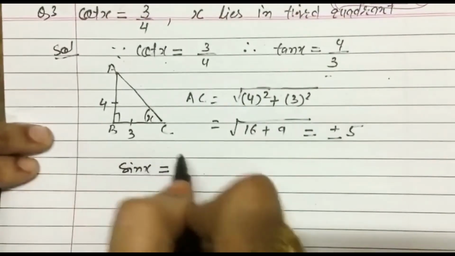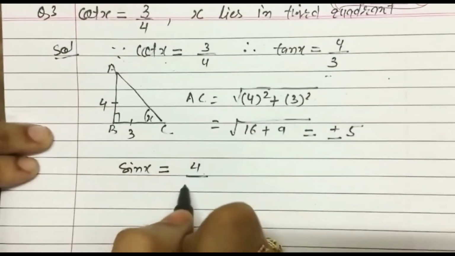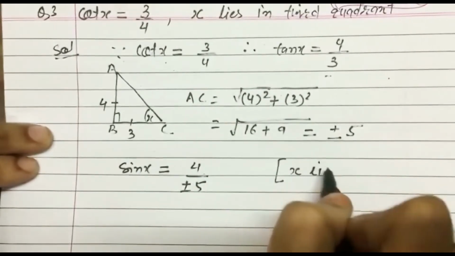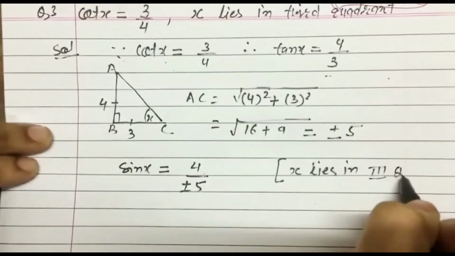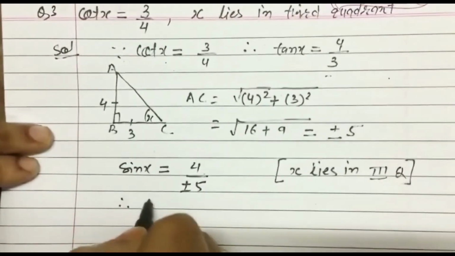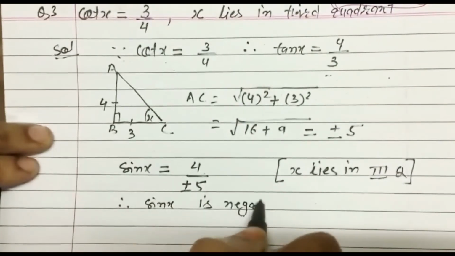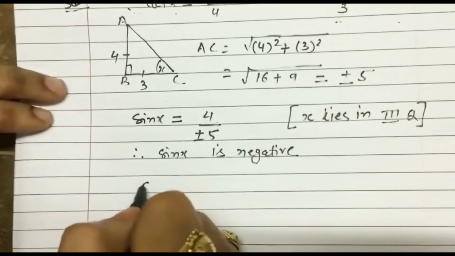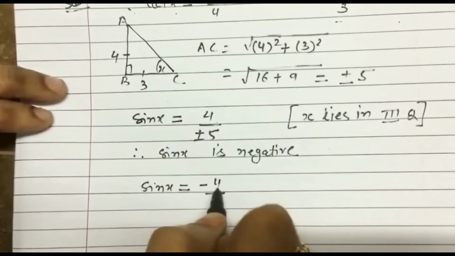Now find sin x. Sin x is perpendicular by hypotenuse. x lies in the third quadrant, so sin x is negative. Next, write sin x is equal to minus 4 by 5.